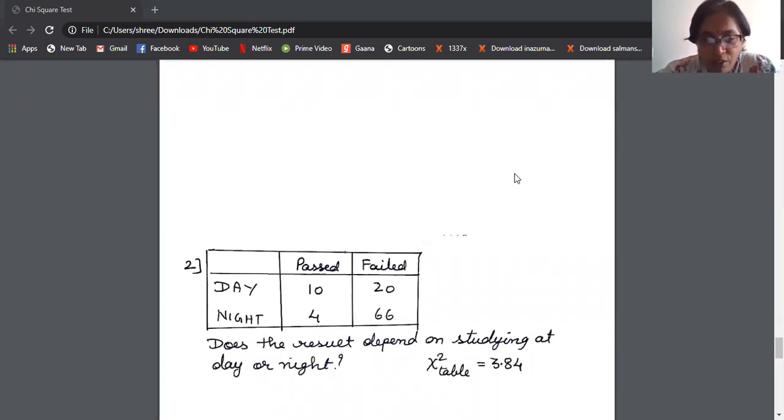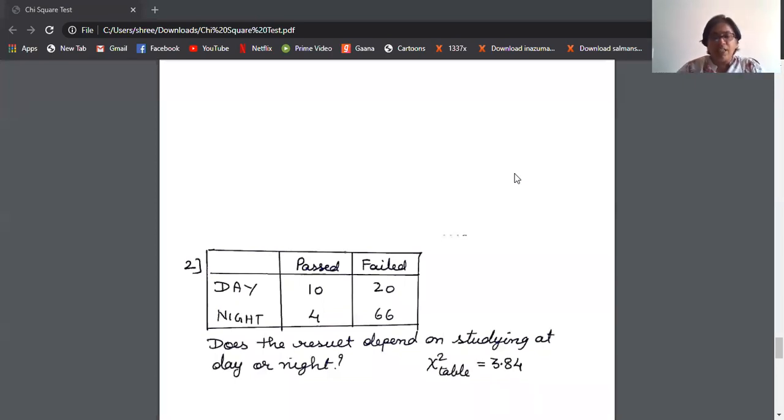So we have to find out, does the result depend on studying at day or night? That means, is the result dependent on the time of study? The time of study is day or night.